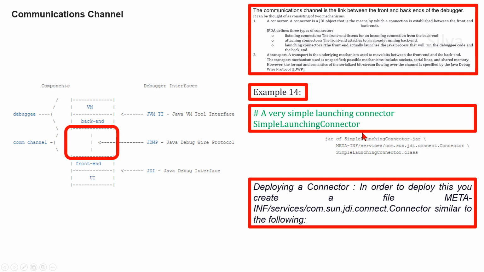To deploy a connector, you package the classes for the connector implementation into a jar file along with the service configuration file that lists the fully qualified class name of the connector. The jar file is then deployed in a location that is visible to the system class loader.